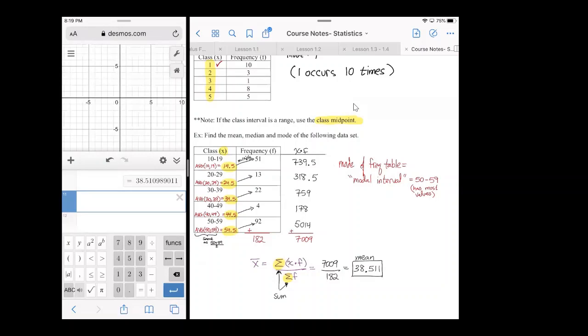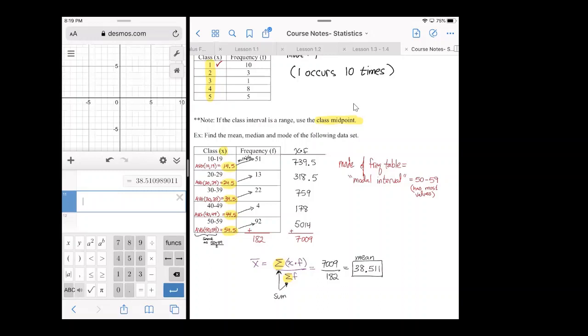Also, just because the most values are between 50 and 59 doesn't mean that the most common number is between 50 and 59. So for example, let's say in the 10 to 19 range, every one of those 51 values was the number 11. Right, so we have an interval of values from 10 to 19. All of them are 11 though.